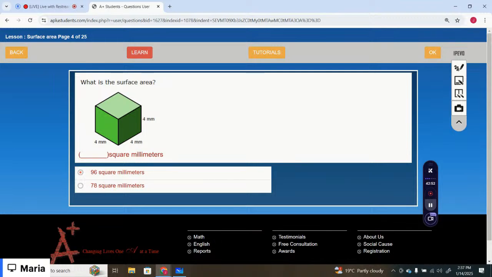You need to multiply it by 6 because this cube has 6 faces.